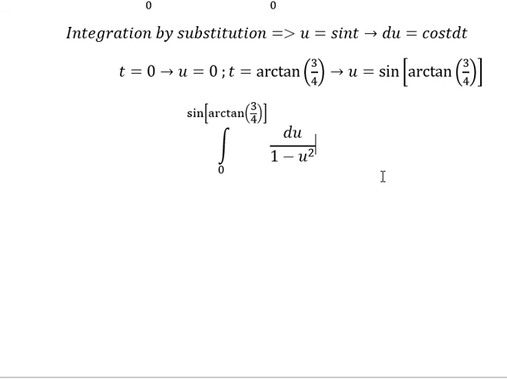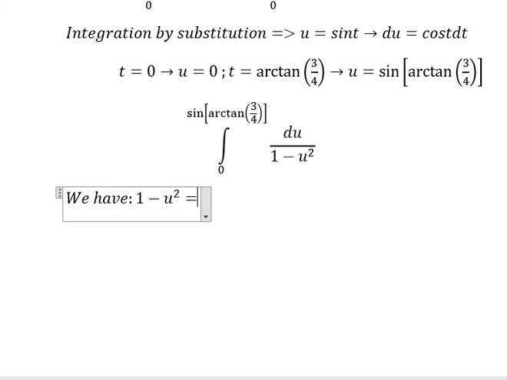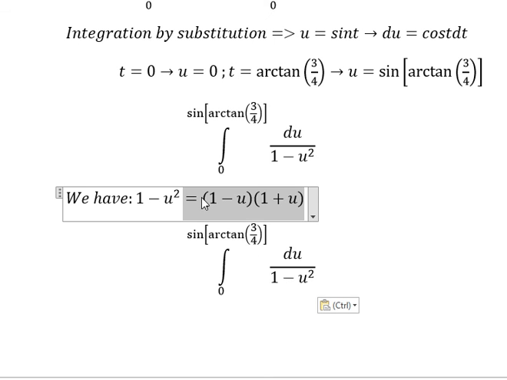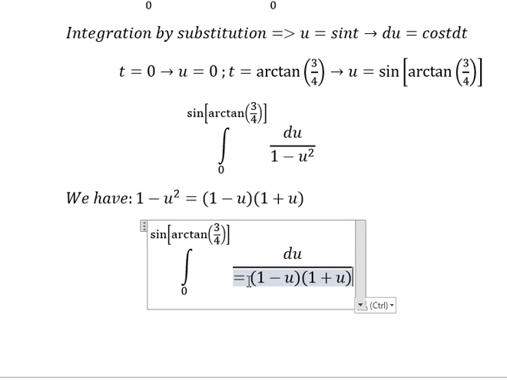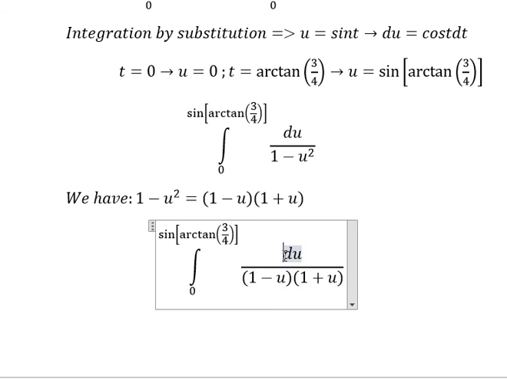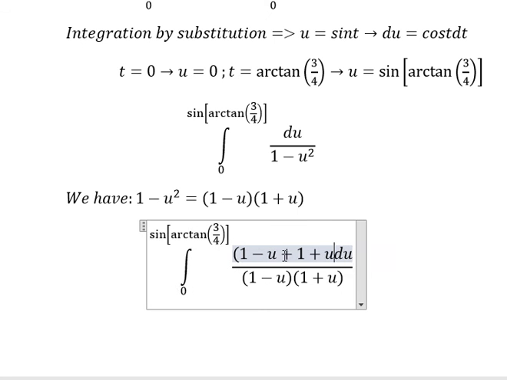And now we have the formula 1 minus u squared equals 1 minus u multiplied with 1 plus u in here. So on the top we will get 1 minus u plus 1 plus u.